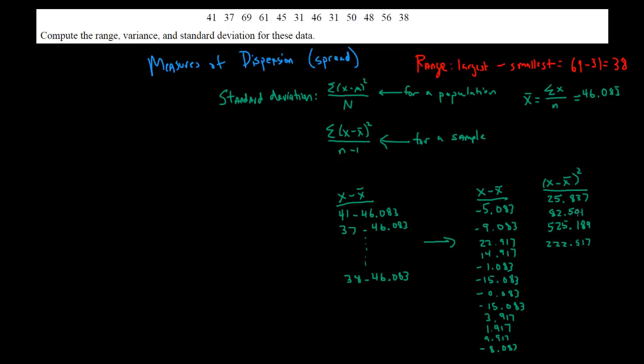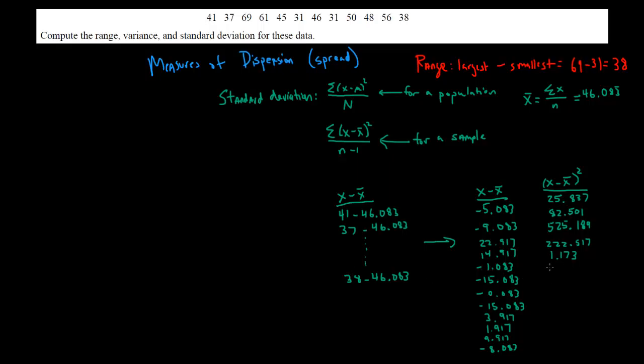Okay, then we have negative 1.083 squared. That is 1.173. Oh, that's really messy, sorry. Okay, then we have, let's see, it's negative 15.083 squared.